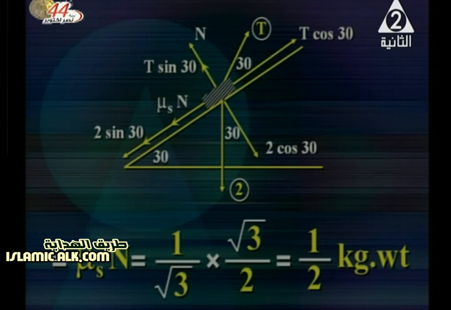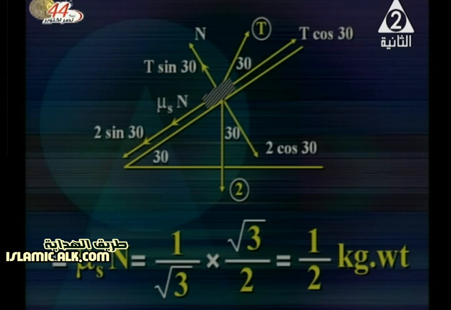N plus T sine 30 equals 2 cosine 30. The second equation is T cosine 30 equals 2 sine 30 plus mu Sn.